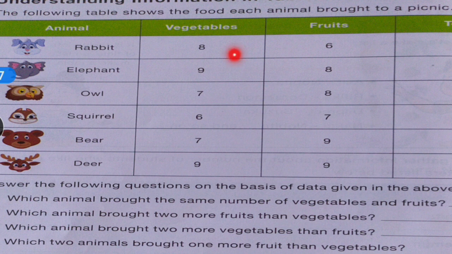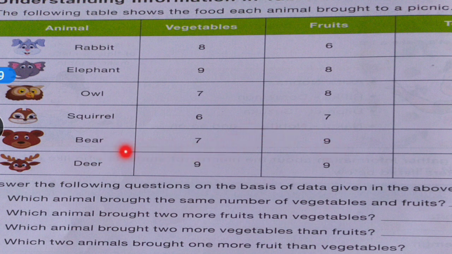See here, the rabbit has 8 vegetables and 6 fruits. Obviously, 6 is smaller than 8. It means the number in the fruit column should be greater, 2 more than the vegetable number.